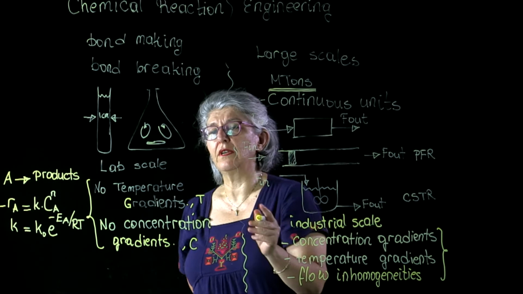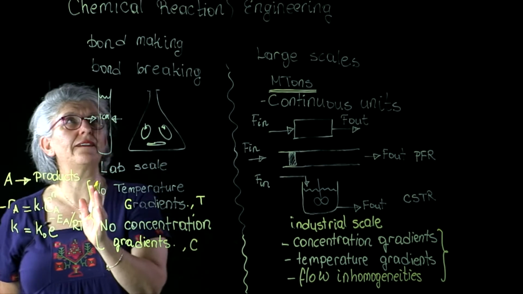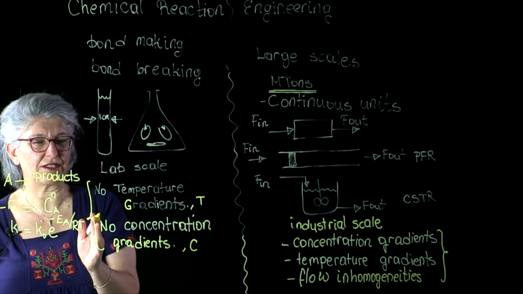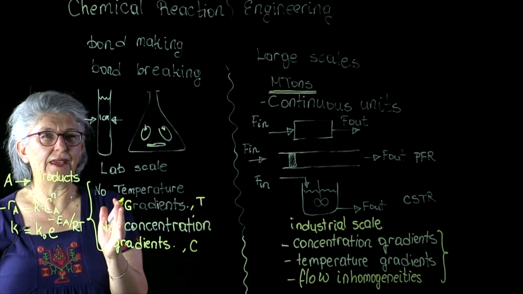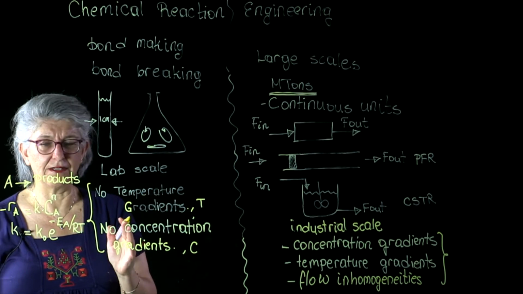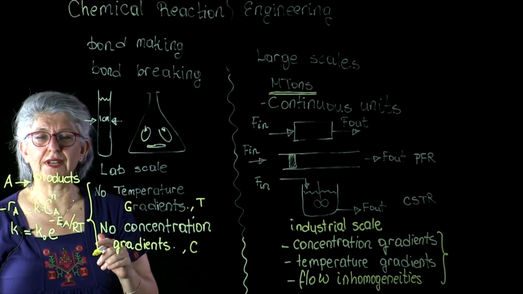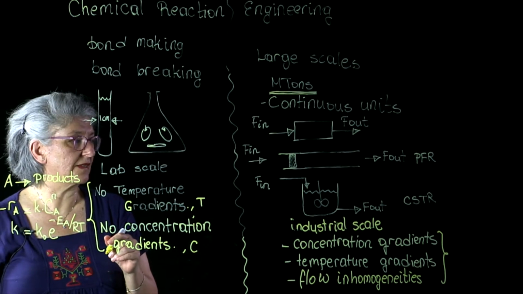Now, on this side, where we are carrying out the chemical reactions, we eliminate the gradients, or we assume that those gradients do not exist.